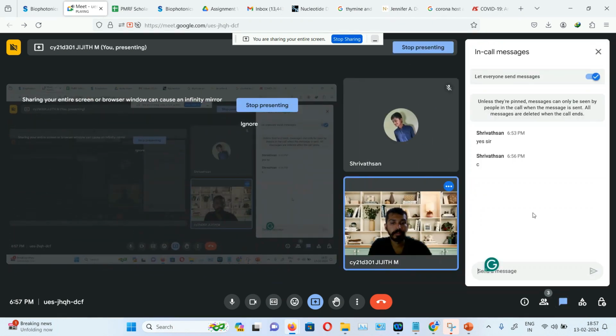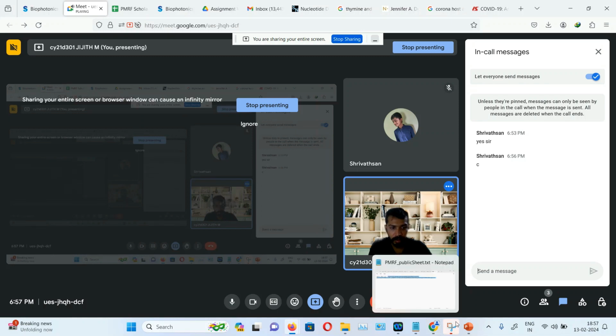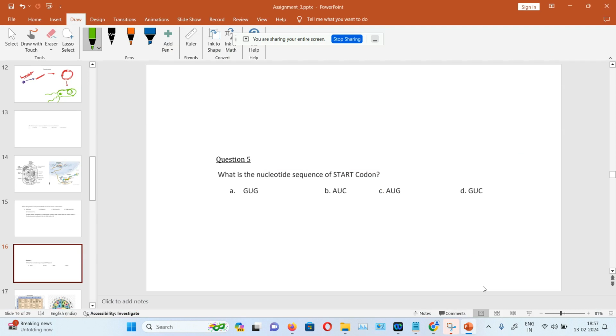Typing. AUG codes for methionine. Okay, so here I put some extra details also.